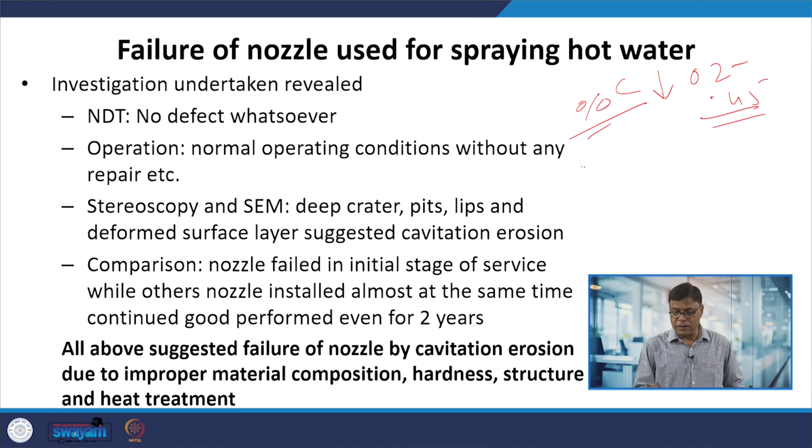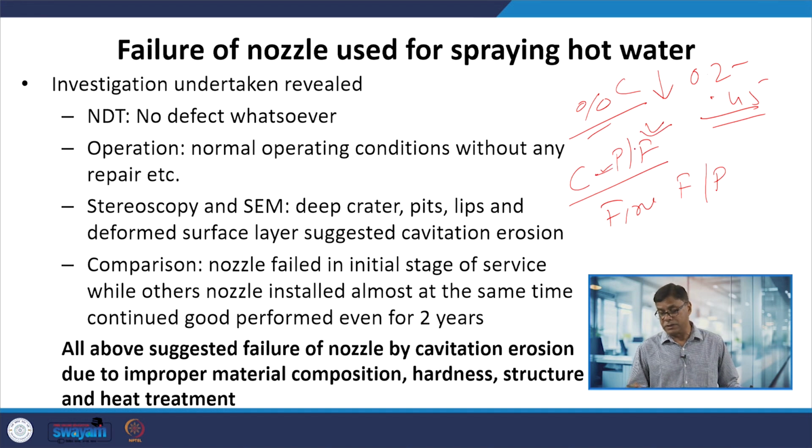And the structure was coarse pearlitic and ferritic rather than fine ferrite and pearlite. So, this structure was dominated by ferrite and less pearlite, whereas otherwise the structure should have been dominated by pearlite and less ferrite, but fine. Okay. So, this suggested the possibility of incorrect annealing heat treatment, and that was reflected in the coarse pearlite and lower hardness.